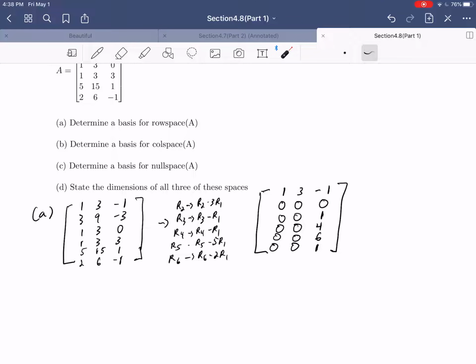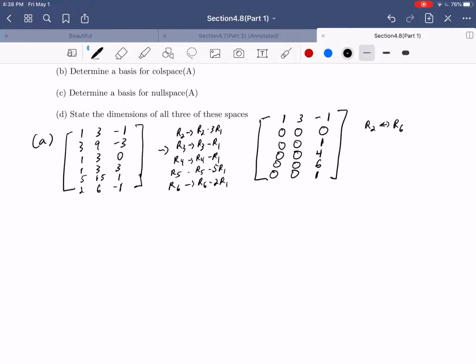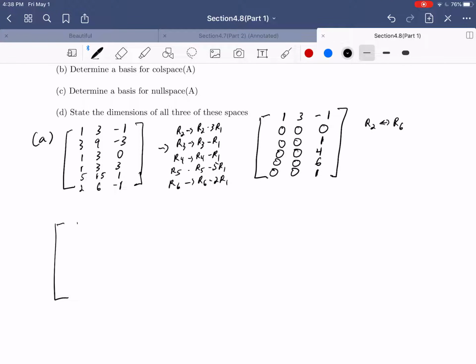and then use whichever one we put up there to zero out everything below it. So let's go ahead and do that. We can interchange R2 and R6. That gives 1, 3, minus 1; 0, 0, 1; 0, 0, 1; 0, 0, 4; 0, 0, 6; and 0, 0, 0.